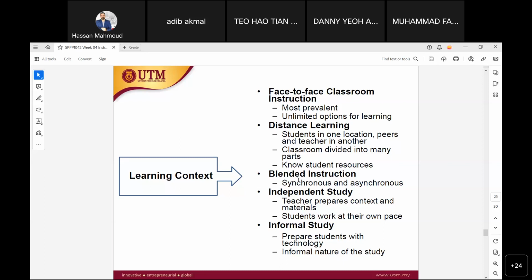Can you write in the chat the main difference between learning context and learning strategy? What is the difference between these two? I want to see other names.